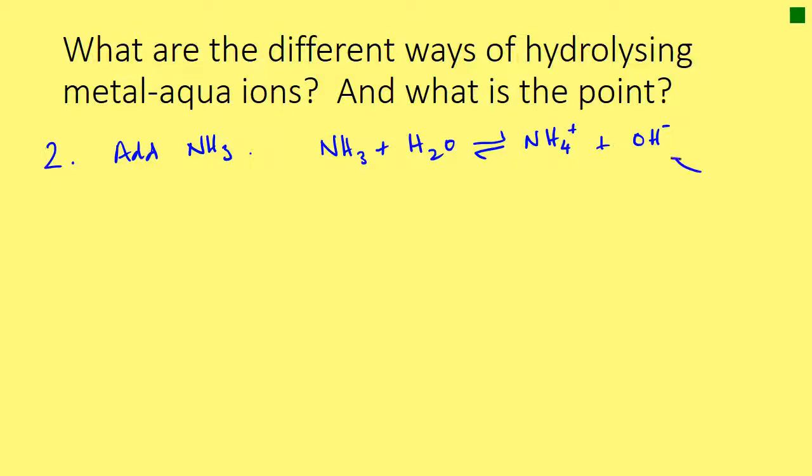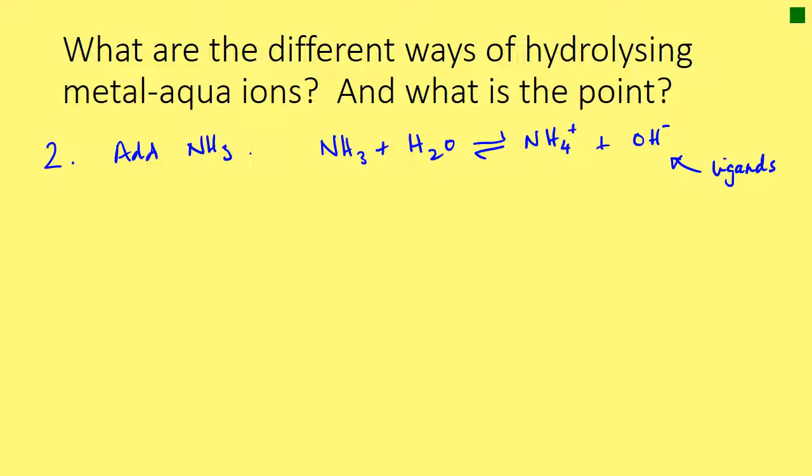And of course, you'll recognize these. These could become the ligands in the metal complex. So in effect, it's the same as adding hydroxide ions, because those hydroxide ions substitute for the water ligands and become the ligands themselves.